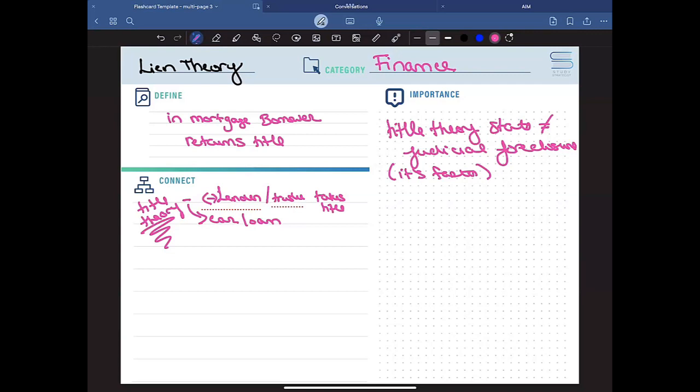So what does that mean for a lien theory state, if the house doesn't belong to the bank? What are they going to have to do in order to sell somebody else's property? They'll have to go through the judicial process. So title theory state is non-judicial foreclosure. They don't have to go through the courts.